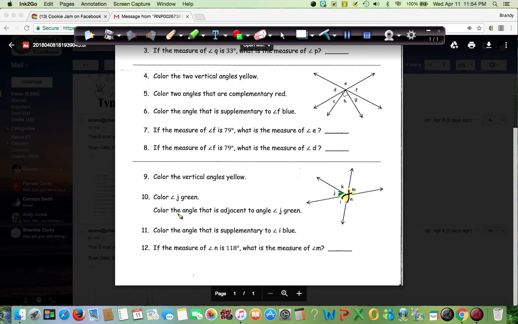Now, color the angle that is adjacent to angle J green. So what is adjacent? Well, we have 2 choices, right? Because J has 2 walls, 2 sides. We can either do K or I. Since I should already be colored yellow, let's go ahead and pick K. So this is going to be the other one that I color in.